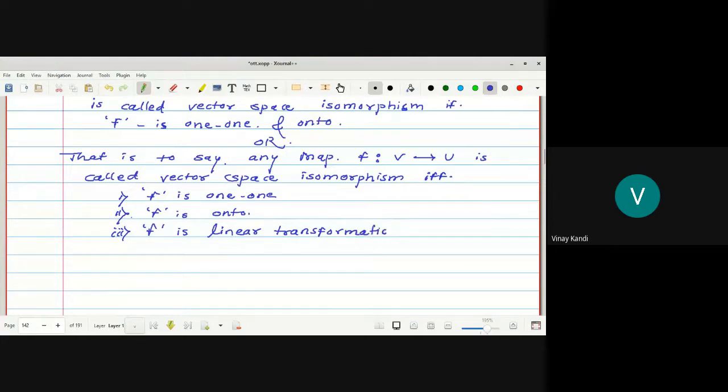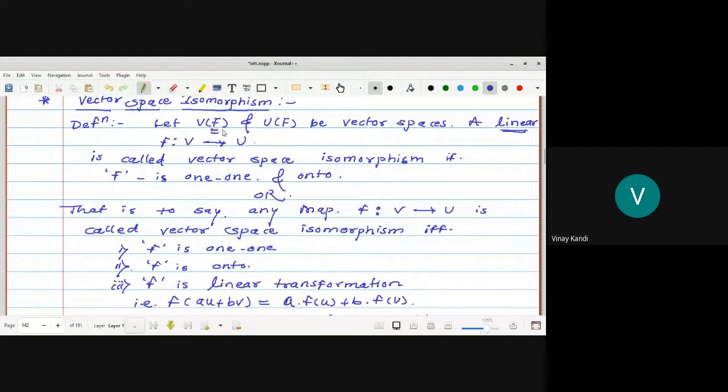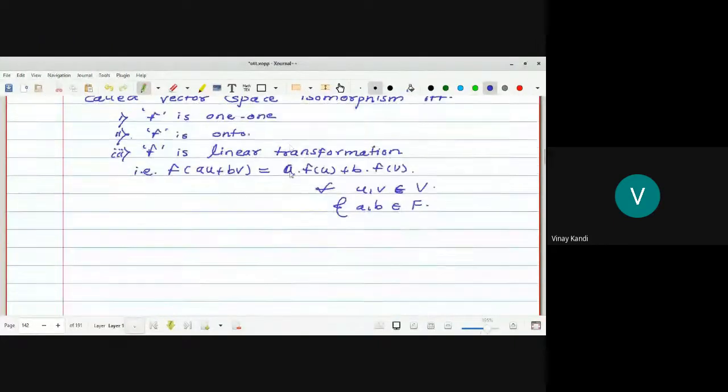That is F of a u plus b v is equal to a times F of u plus b times F of v, where u and v belong to capital V, and a and b belong to the field F. So this is the definition of vector space isomorphism.